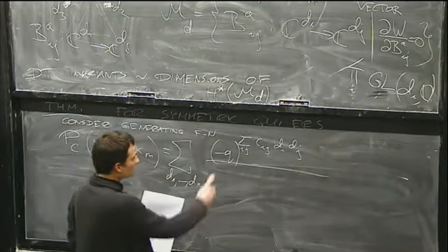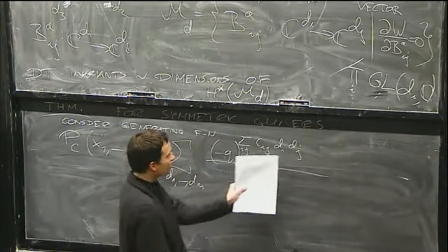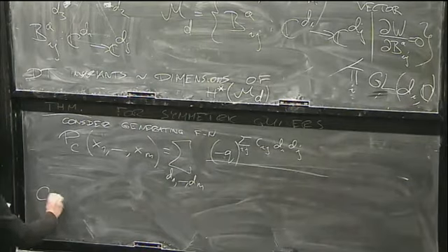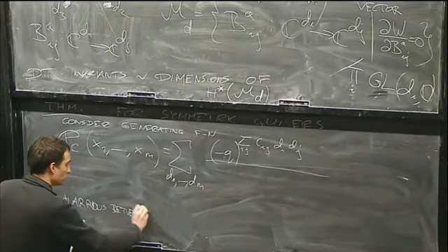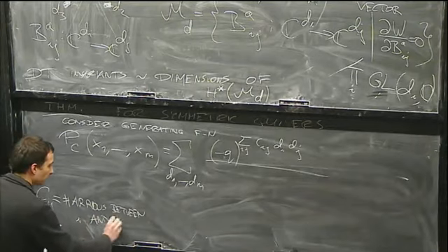So this is q to some power which is quadratic in the d_i, d_j, and this C_ij are entries of a matrix which tell you how many arrows we have between vertex i and vertex j.